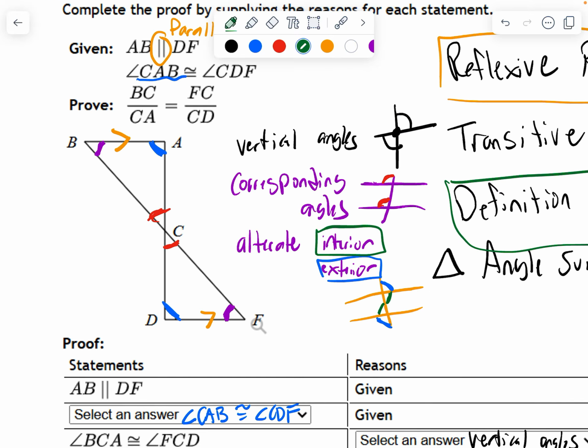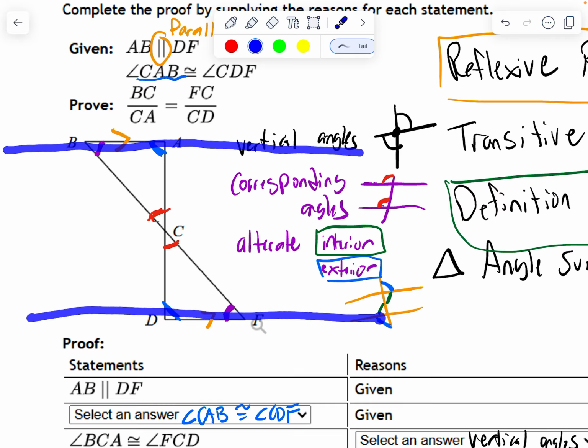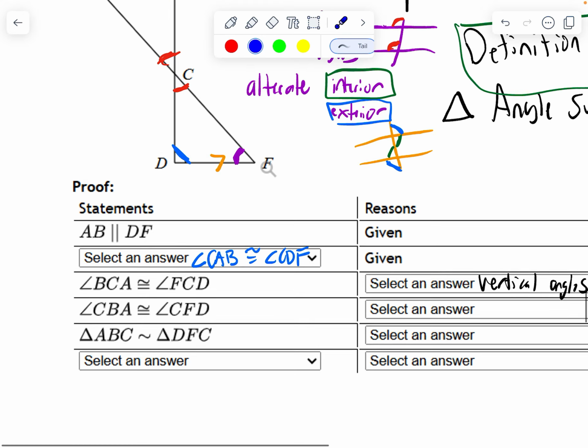And that is what we have here. Because if you can imagine that here's my parallel line, here's my parallel line, and then I have my transversal running through those, we want to know about angles B and F. Right, that's the last thing to mention here.